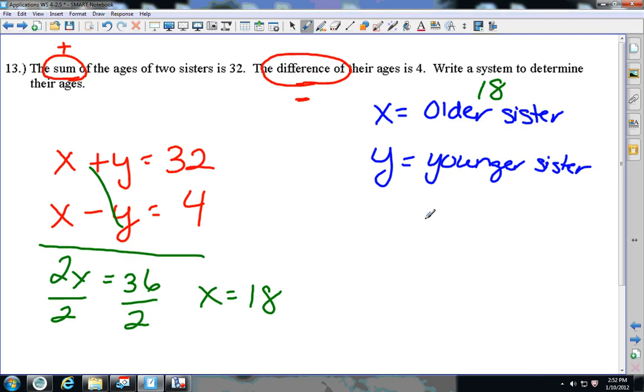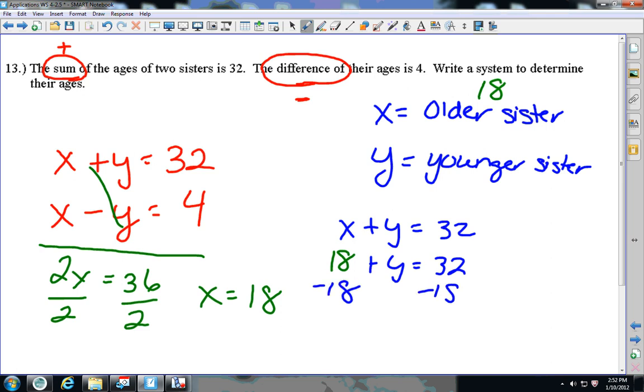For the younger sister, I have x plus y is 32. X is 18, so 18 plus y equals 32. Subtract 18 from each side, y equals 14. So the younger sister is 14 years old.